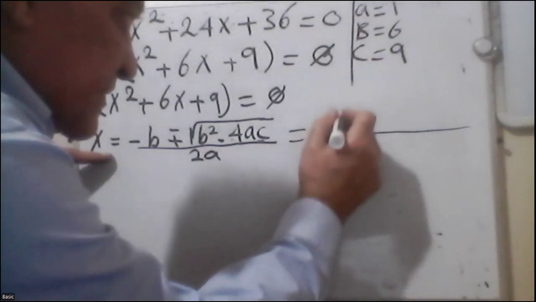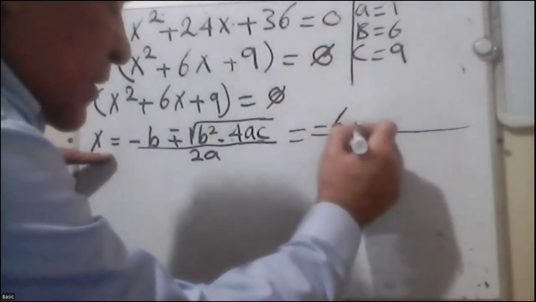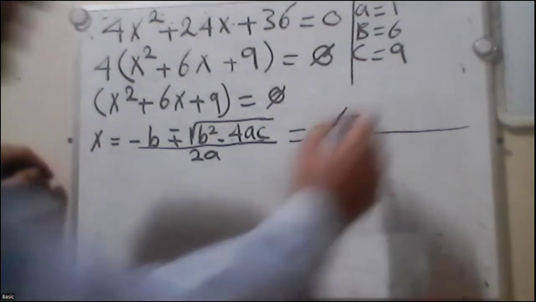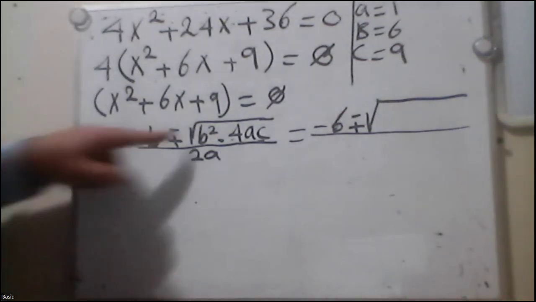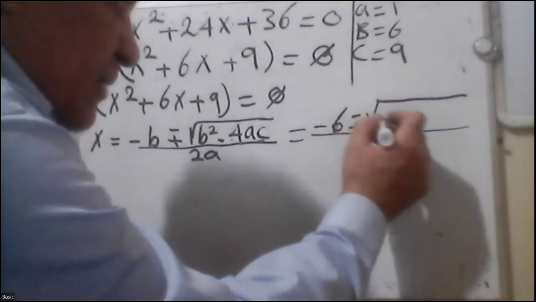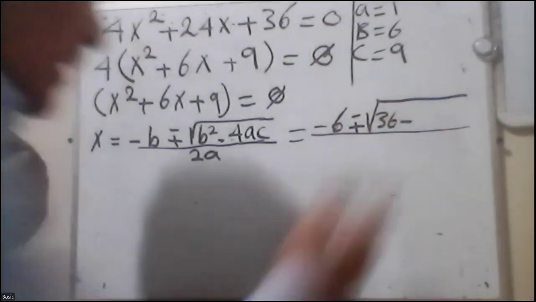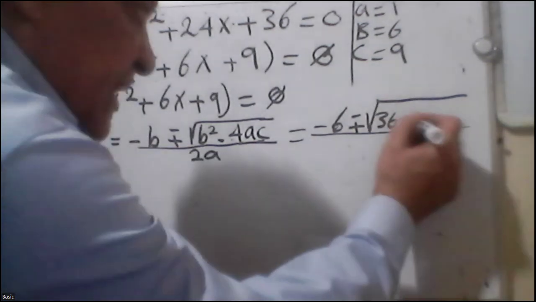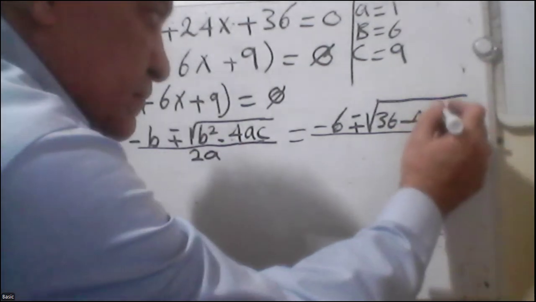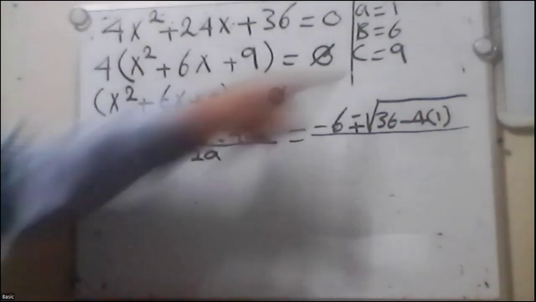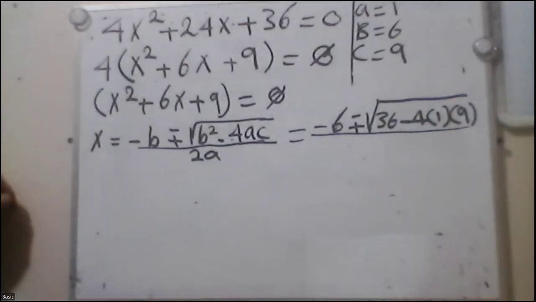Minus 6, plus or minus the square root of b squared, and 6 squared means 36, minus 4, the constant, times a, which equals 1, times c, which again equals 9.